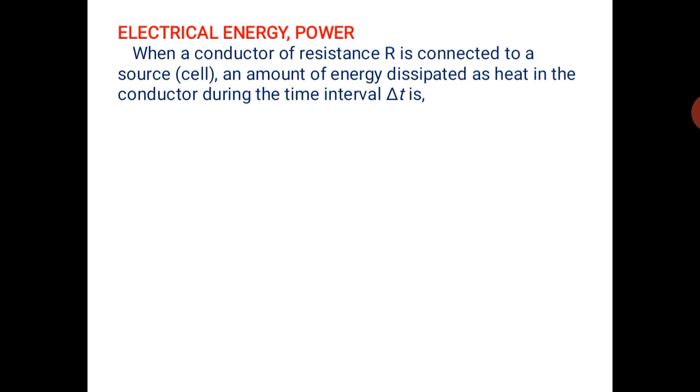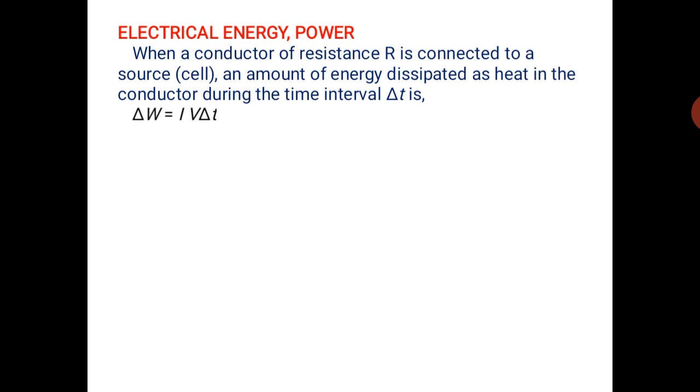When a conductor of resistance R is connected to a source or cell, the amount of energy dissipated as heat in the conductor during the time interval delta T is current into potential difference into delta T. How do we get this expression?